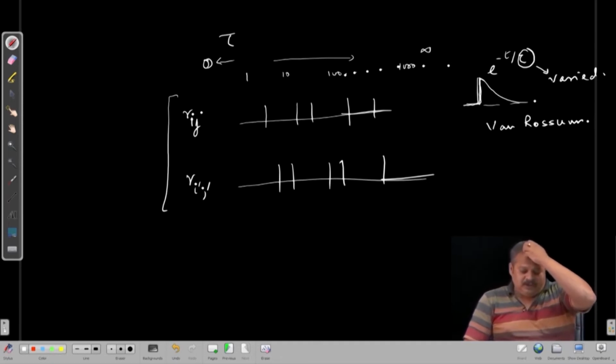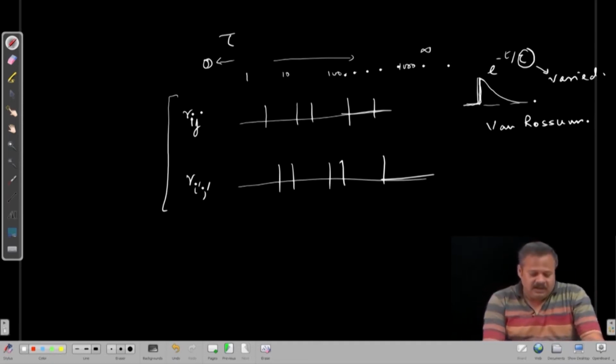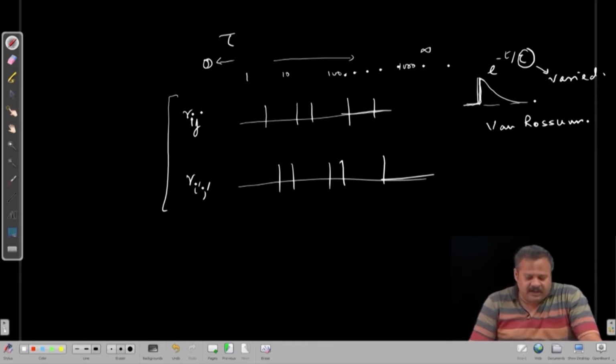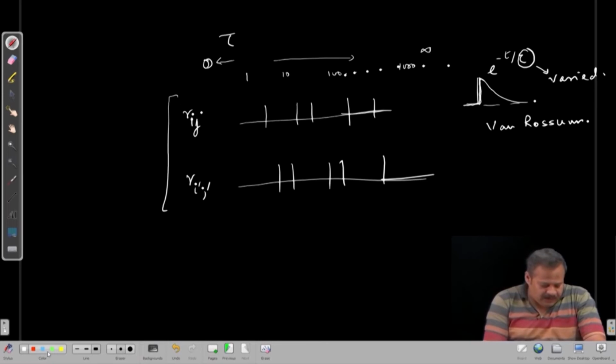So, if I convolve the spike train Ij and the spike train I prime j prime with this e to the power minus t by tau, we will get some function like this.